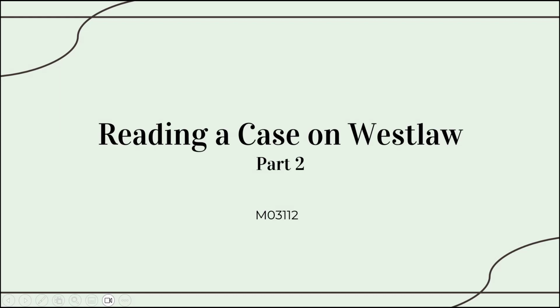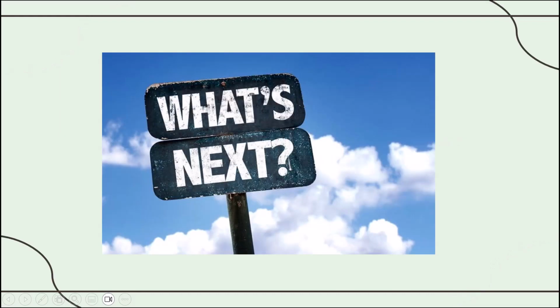In the last video, we took a quick look at what a case looks like as published on Westlaw compared to what it looked like in print. Now in this video, we're going to look at how to maneuver around within a case published on Westlaw, and we're going to look at three different things.